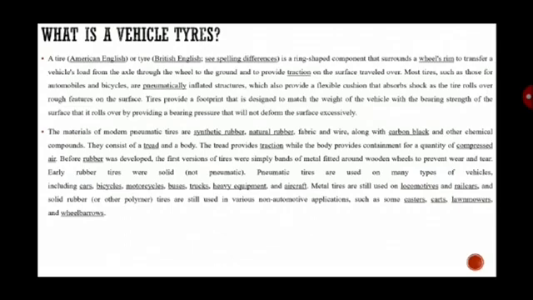Before rubber was developed, the first version of tires were simply bands of metal fitted around wooden wheels to prevent wear and tear. Early rubber tires were solid, not pneumatic. Pneumatic tires are used on many types of vehicles, including cars, bicycles, motorcycles, buses, trucks, heavy equipment, and aircraft.